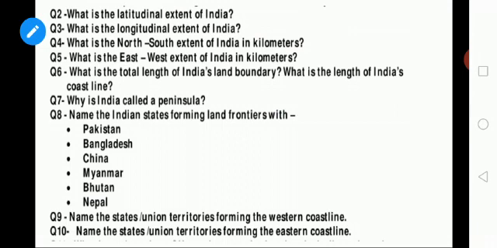I told you the neighbor countries, but you have to state the Indian states which are near those countries. Then name the states or union territories forming the western coastline, and also the states and union territories forming the eastern coastline. Could you understand what the questions are? Just recall, or read through the lesson once again and find the answers.